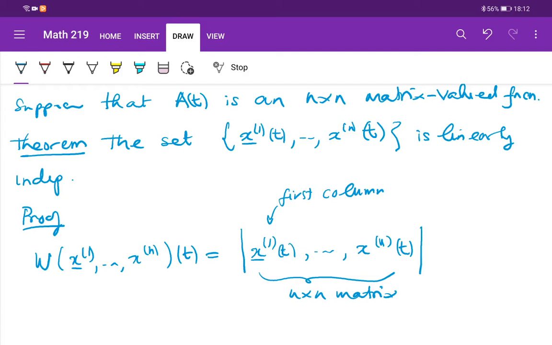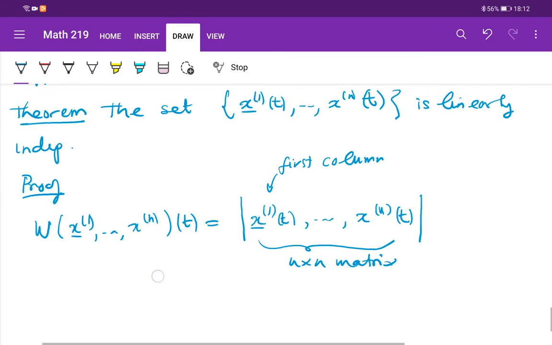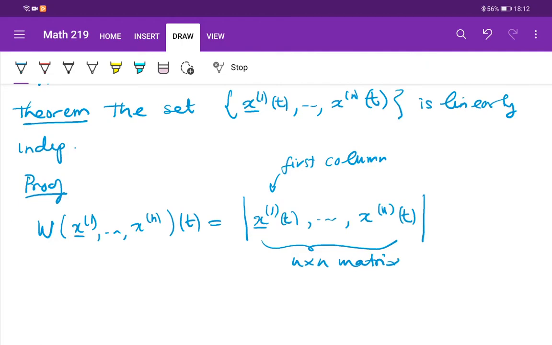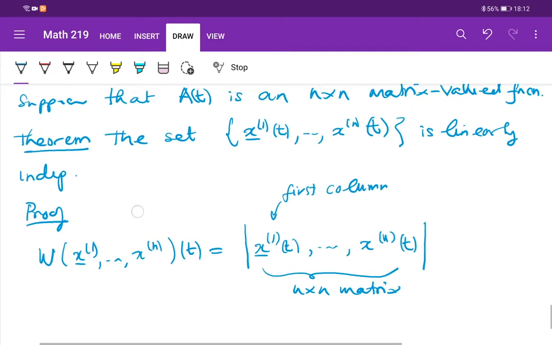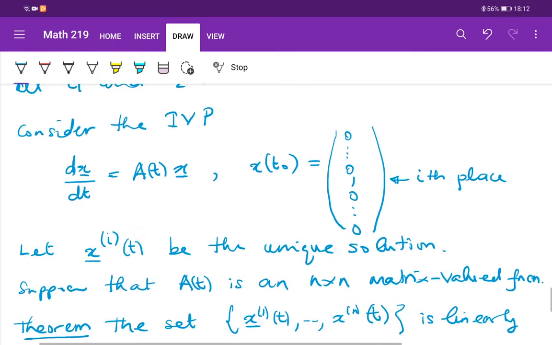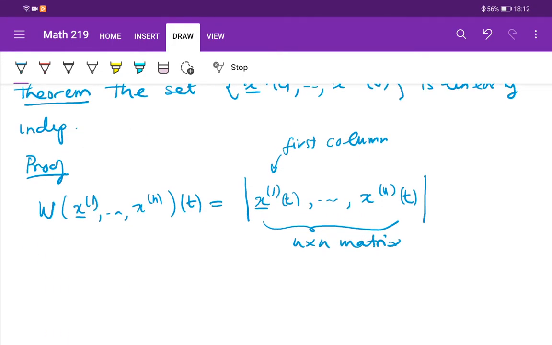Okay, so this is the Wronskian of these. I should say, let's evaluate at the value t0 that I picked. Let's evaluate this at t0. So this is the determinant. x1 at t0 is 1, 0, 0, and so on, and the next one is like this, and you go all up to this.